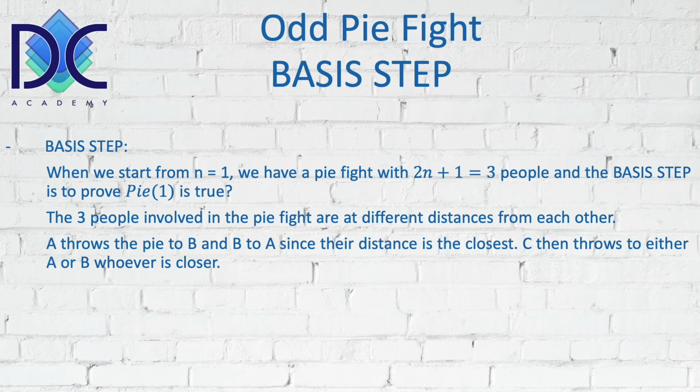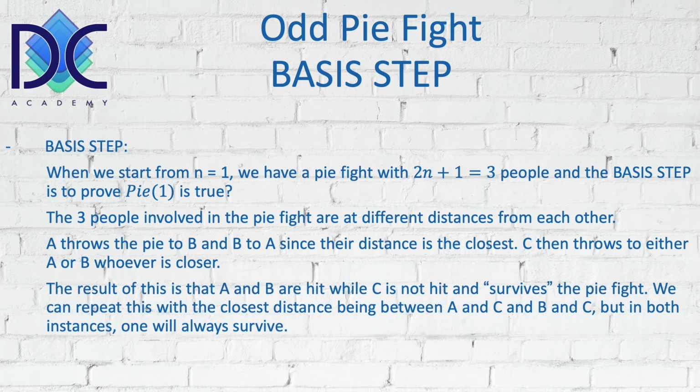Since A and B are the closest, the shortest distance from each other, A will throw a pie to B, and B will throw a pie to A. That's the rule of the game. It means that C is farther away from A and B than A and B are of each other. So nobody will throw a pie to C, and C will throw the pie to either A or B, whoever is closer.